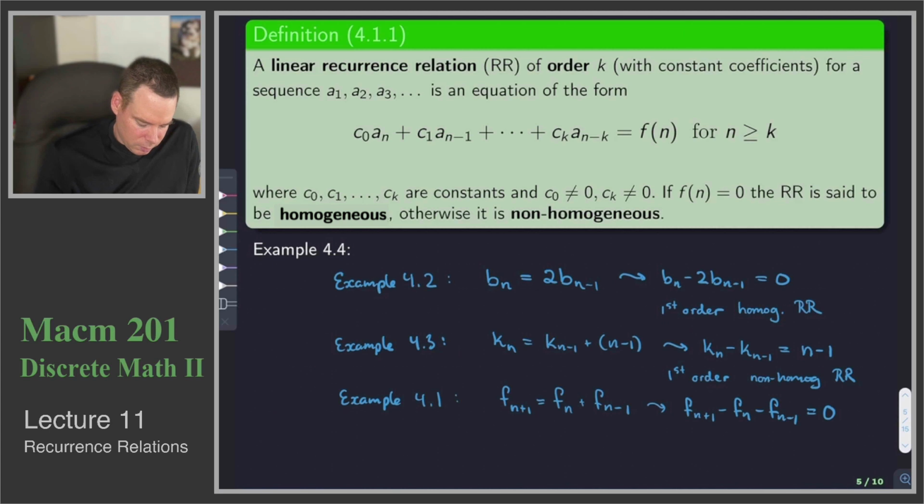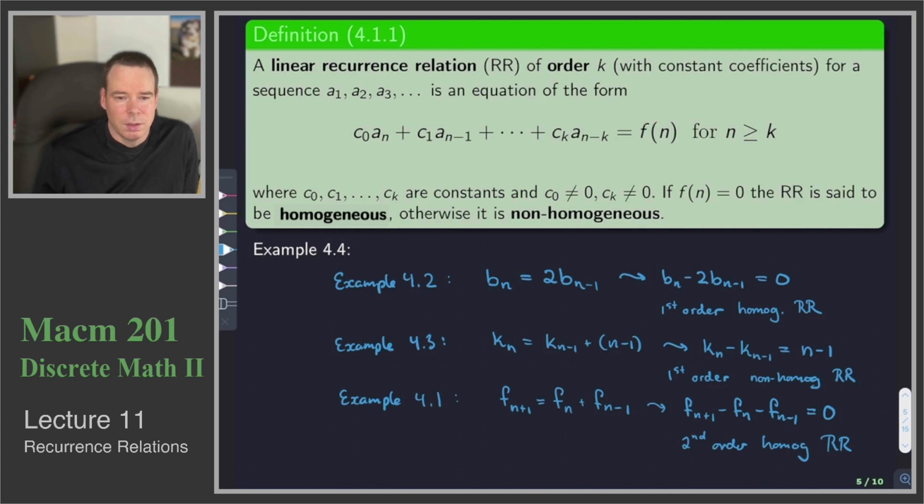What order is it? Well, whatever term I'm interested in, I have to go as far back as 2 before it. So that tells me that it's a second order. Second order, and in this case it's homogeneous because of the 0 there, recurrence relation. And so there's just our previous examples now connected with the definition of a recurrence relation.